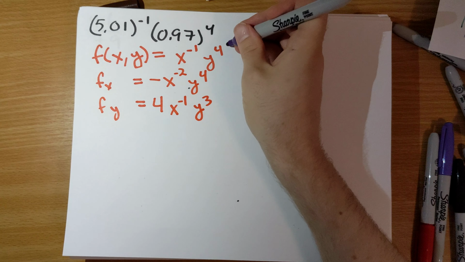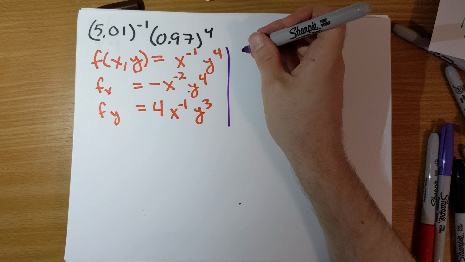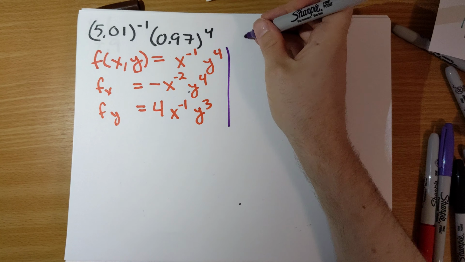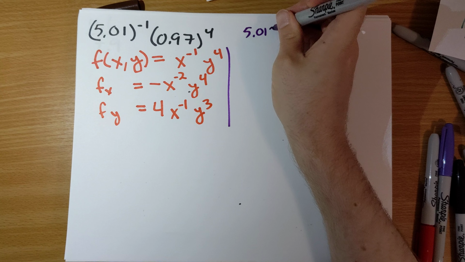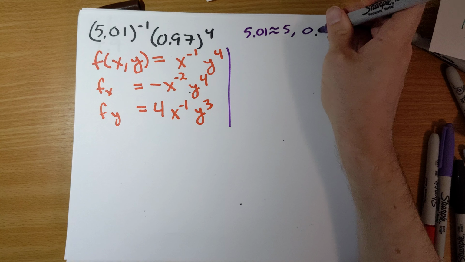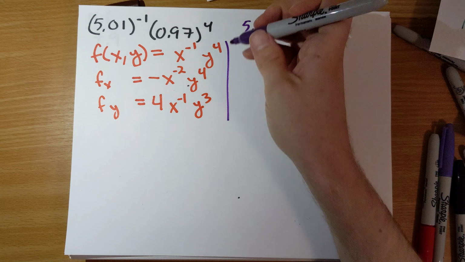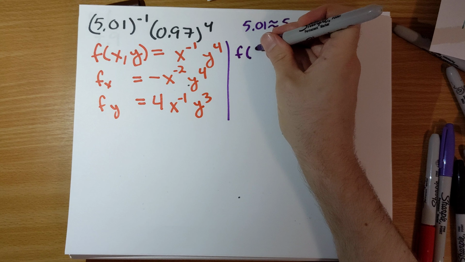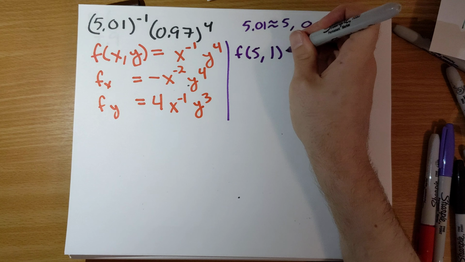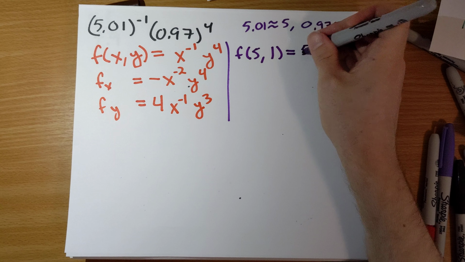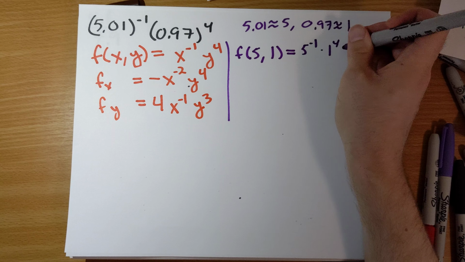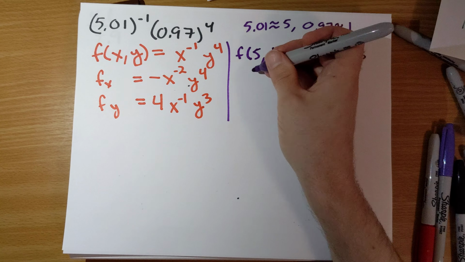Okay. Now let's plop in. 5.01 is about 5, 0.97 is about 1. So f of 5, 1 is 5 to the negative first power times 1 to the fourth. So that's 1/5.